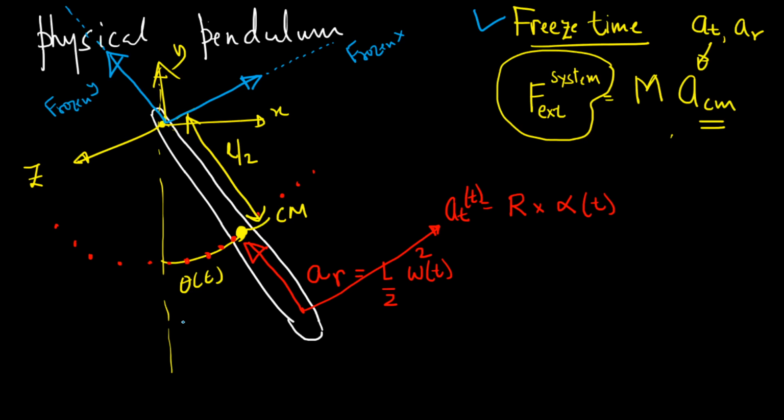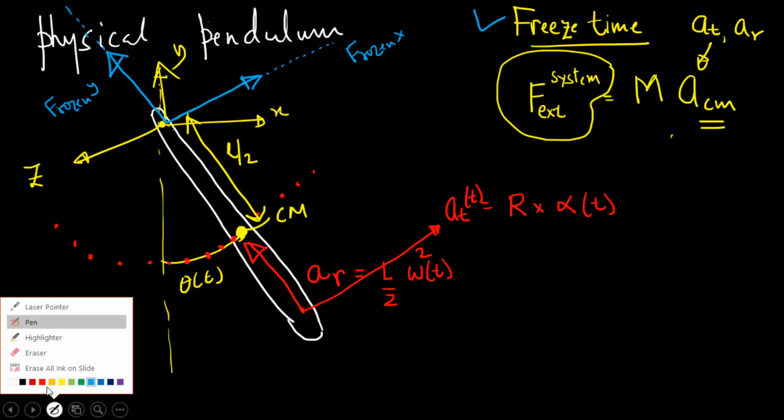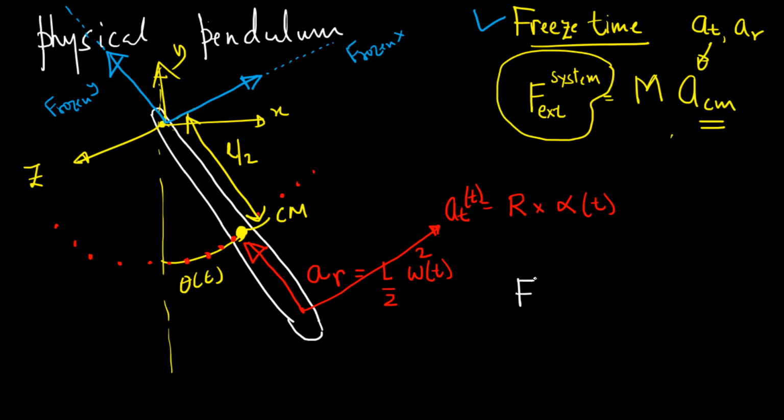Let me see what is the force in the direction of the frozen y. So the pivot force in the y direction of frozen y. Pivot force in y star, where y star is the frozen y, plus, now there is another external force in this direction, and so let's draw that. That's due to gravity here.